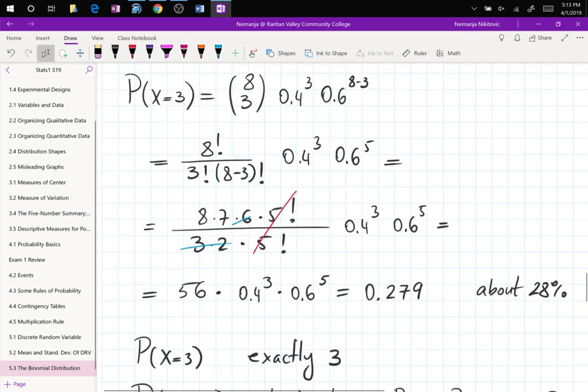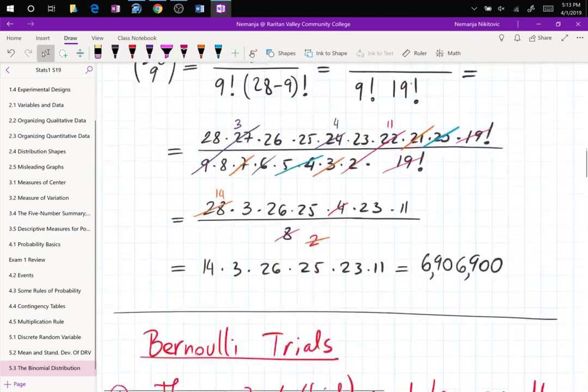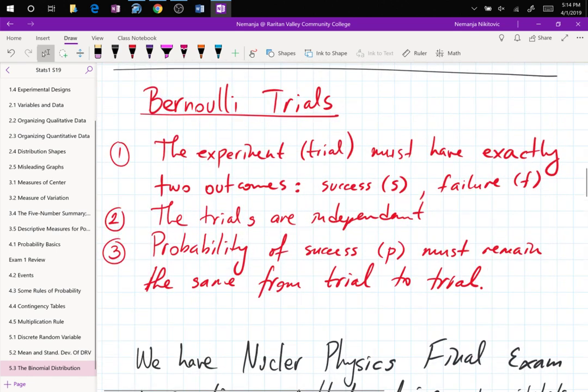So we have the rules over here, and if you follow these rules, none of the stuff with the replacement, right? Without replacement, all those things. Independent trials. Your question 1 on a test has nothing to do with question 2. Your accident number 1 doesn't have anything to do with accident number 2.